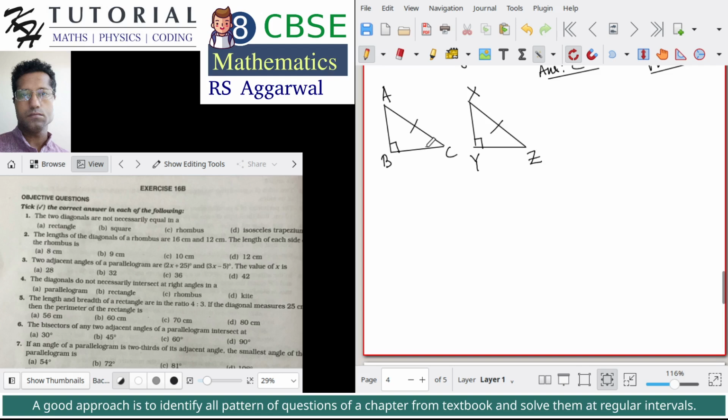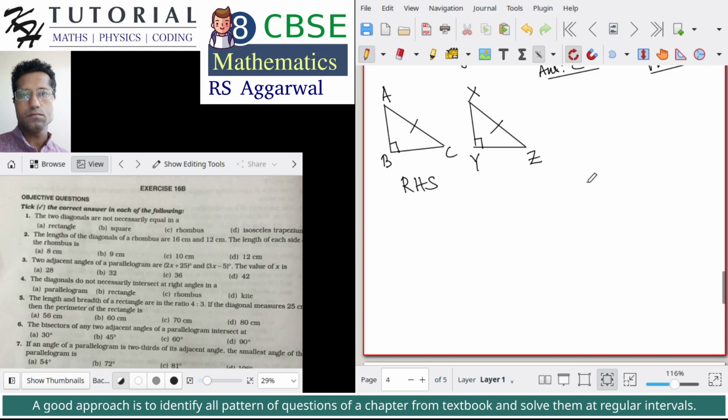That is, one side of the triangle ABC has to be equal to one arm of the triangle XYZ. Then we can apply the RHS congruence criteria, that is right angle, hypotenuse and side. This has to be used.